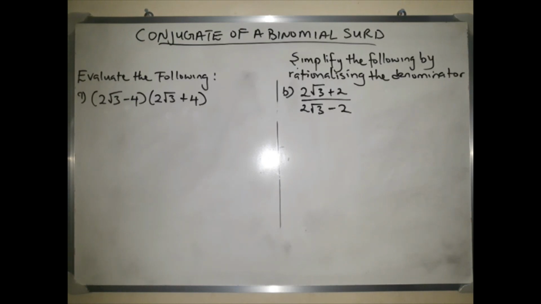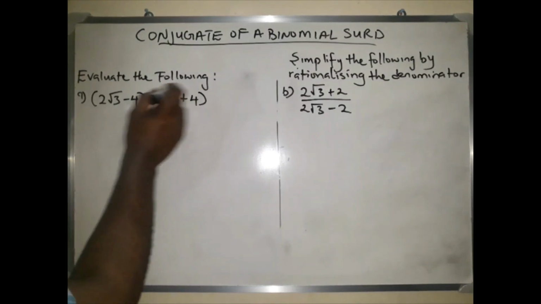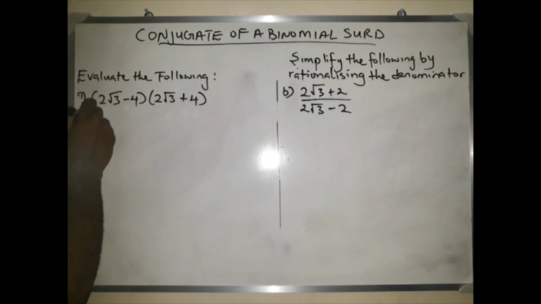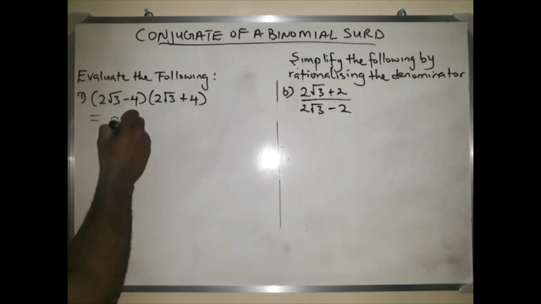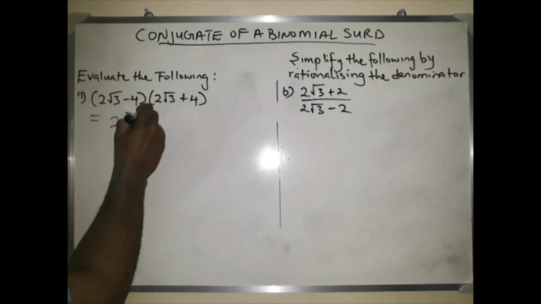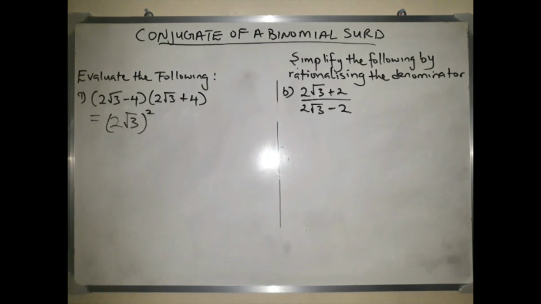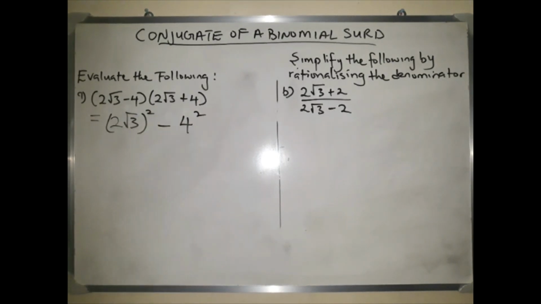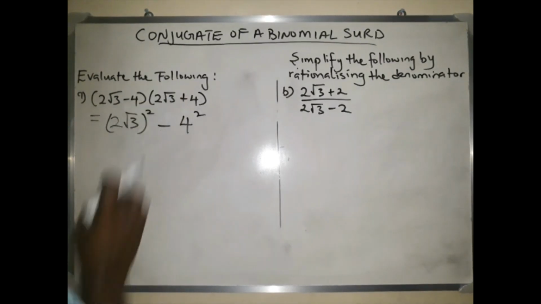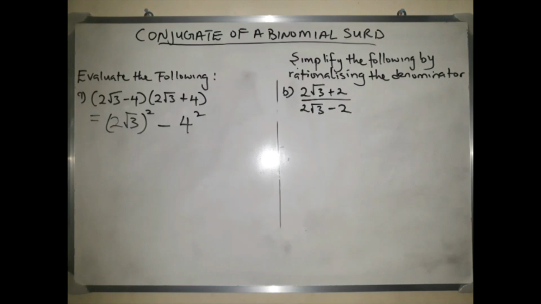So all you have to do in this case is express these two as a difference of two squares, which gives us 2 root 3, the whole thing in brackets, raised to power 2, minus 4 raised to power 2. That is the formula for difference of two squares.